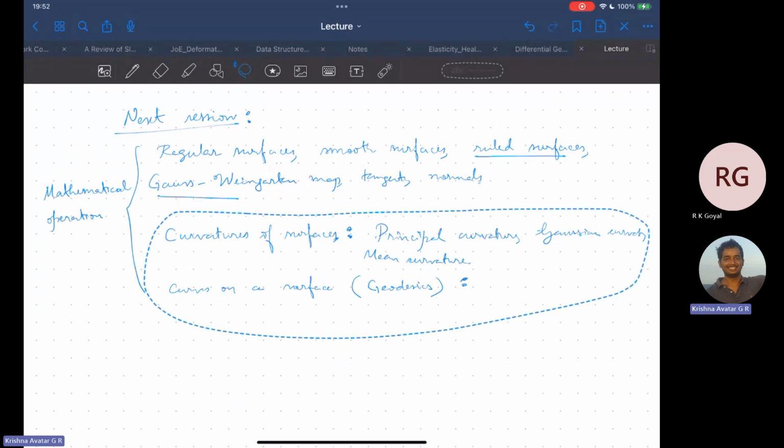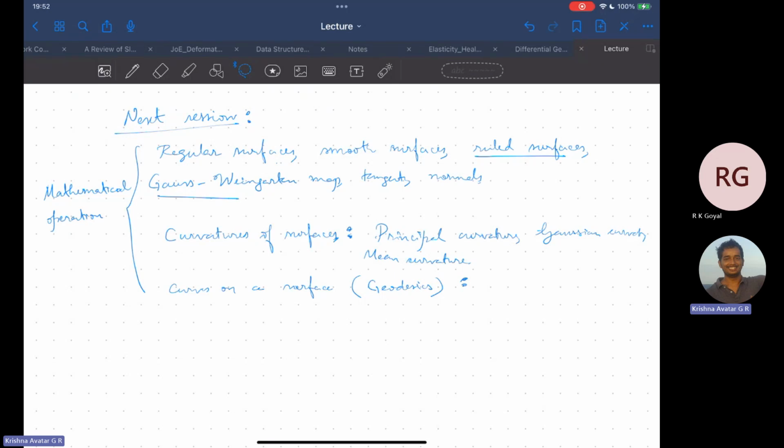These are all just definitions. Once we have the Gauss-Weingarten map and construct a matrix, then the principal curvatures are the eigenvalues. The Gauss curvature is just the determinant of that matrix. Mean curvature is the trace of that matrix. It's just as simple.